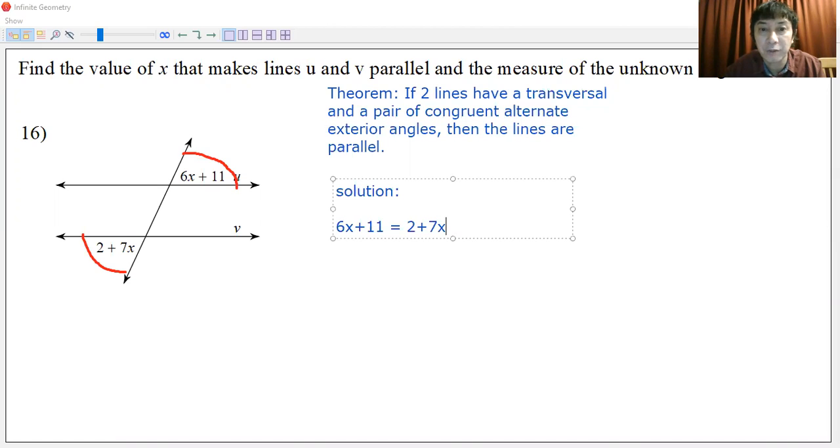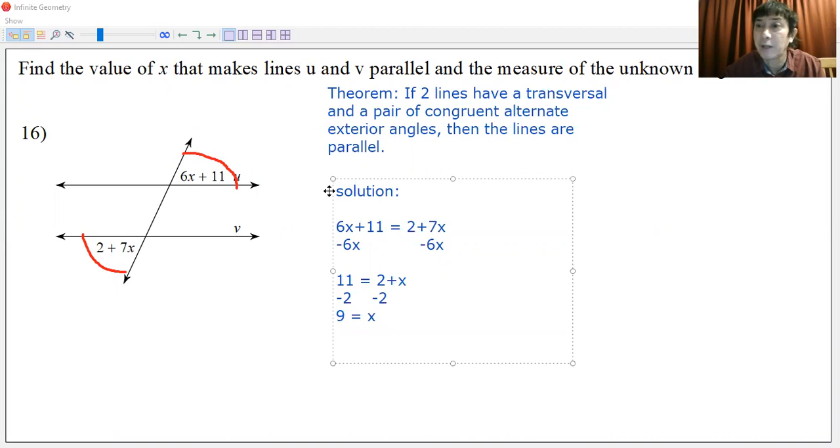So minus 6x. And so the left side is 11. That equates to 2 plus 7x minus 6x. That will just be x. Subtract now 2 from both sides. That will be minus 2. And we have 9 equals x.